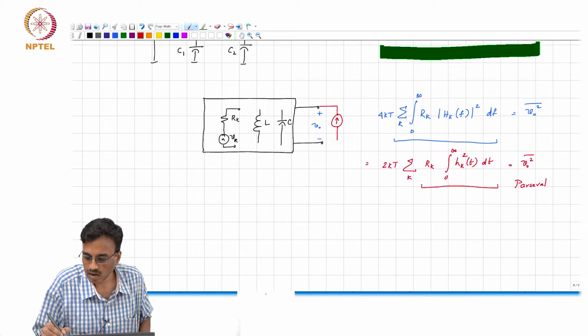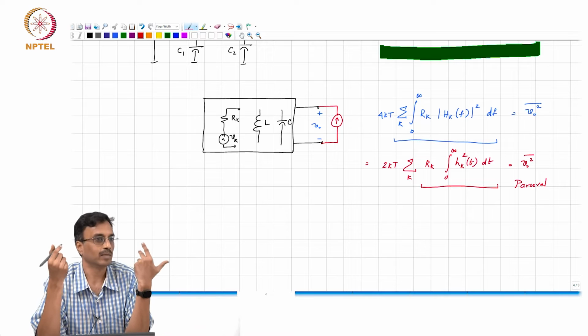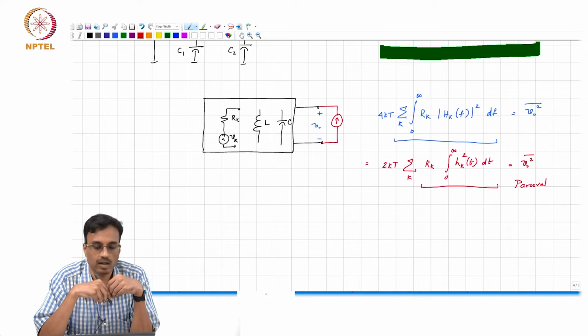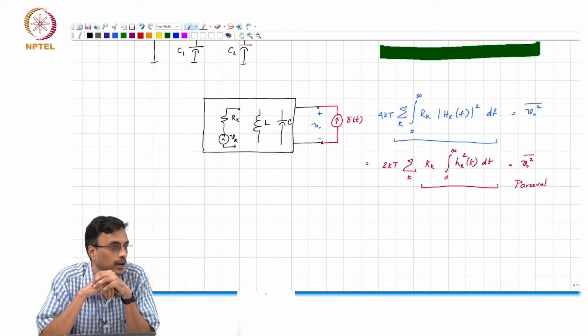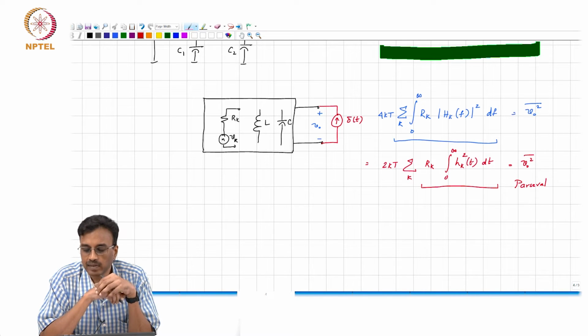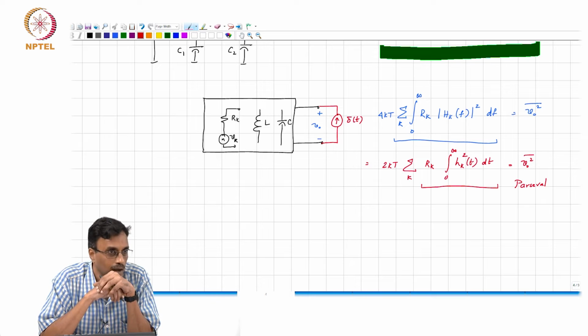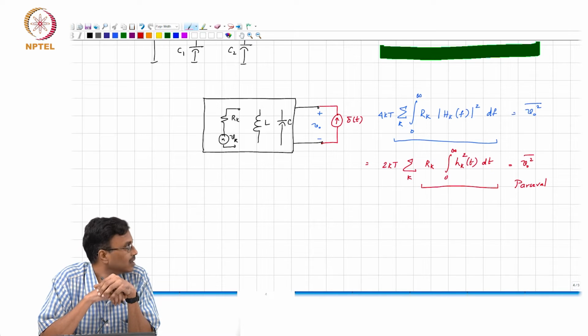Since it seems reasonable in the time domain, let us use the time domain form of reciprocity. So, let us say I put an impulse current here, correct. As soon as I put an impulse into the network, what will happen?